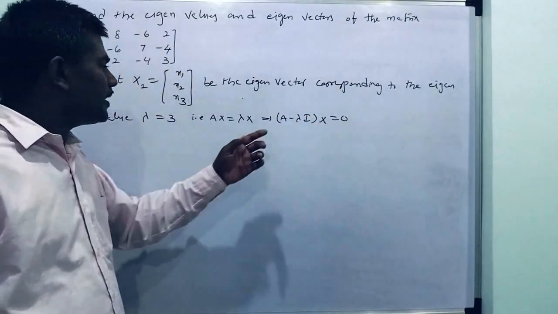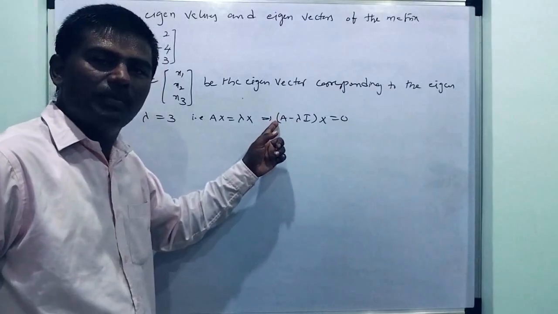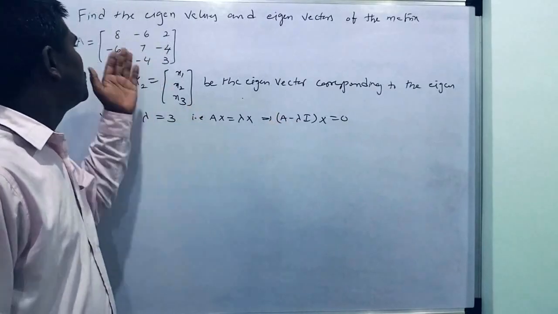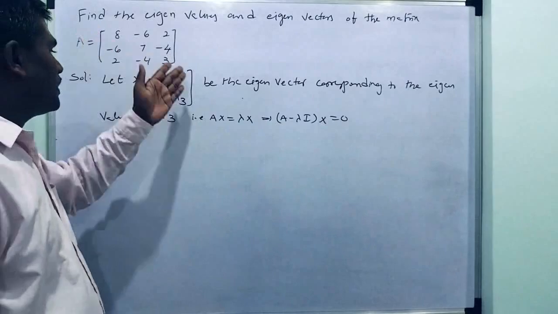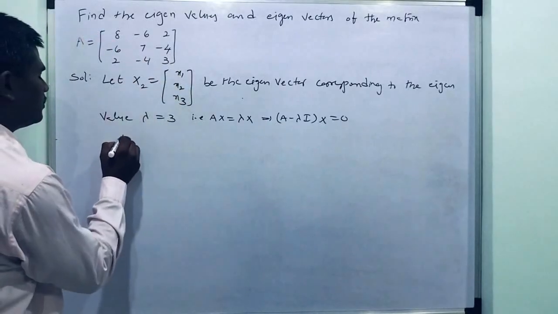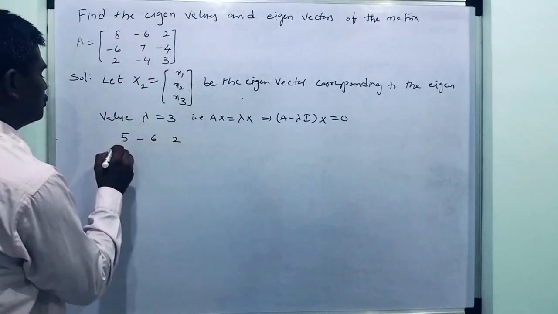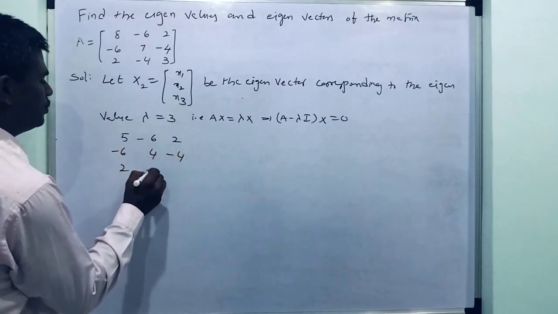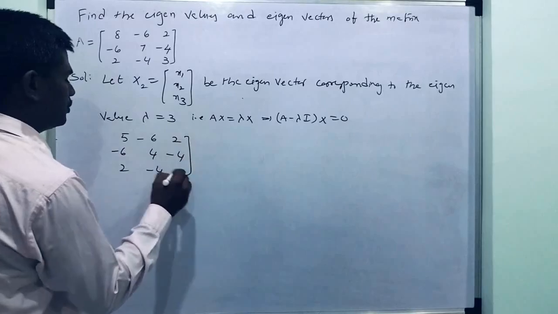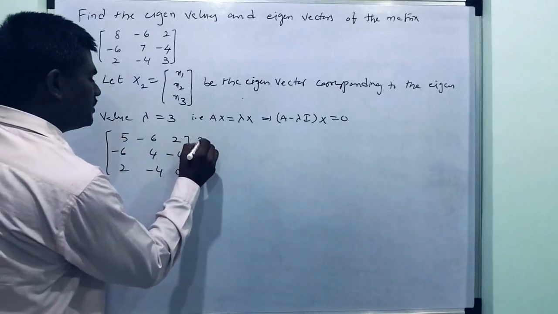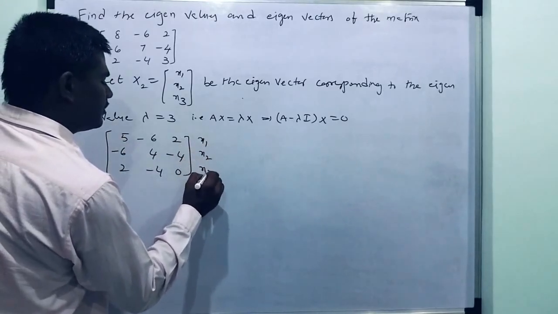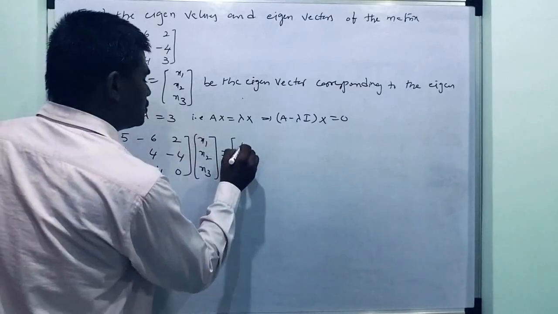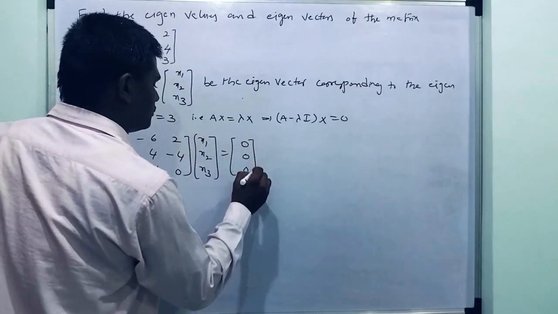You have to subtract this λ from the diagonal of the matrix A, which is 3. If you subtract 3 from this one, then this becomes [5 −6 2; −6 4 −4; 2 −4 0] into (x1, x2, x3) = (0, 0, 0).